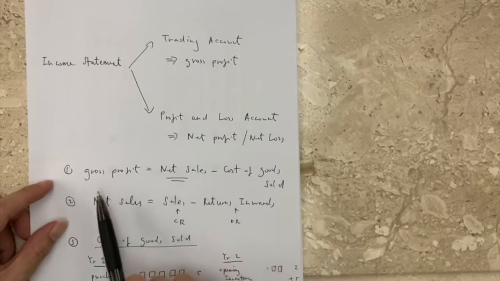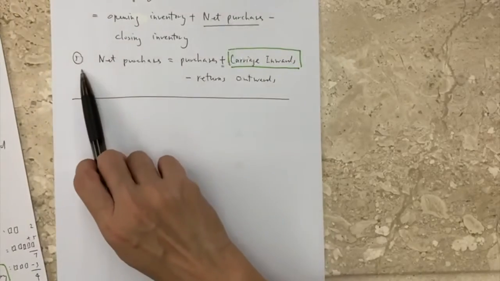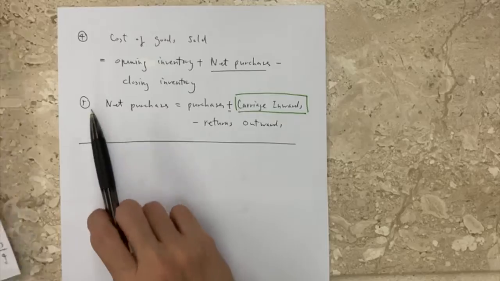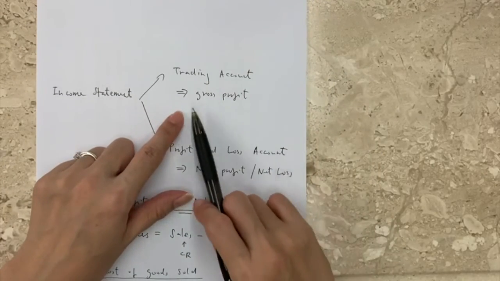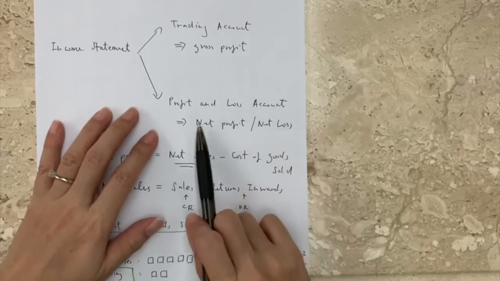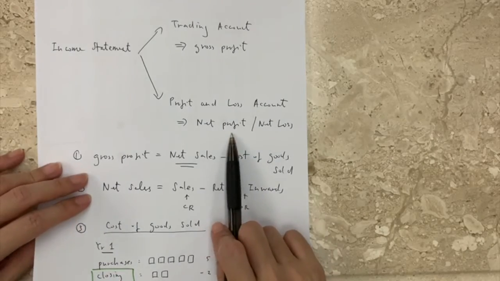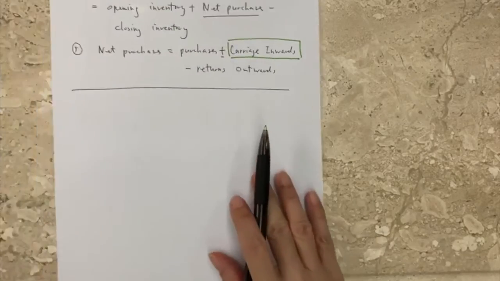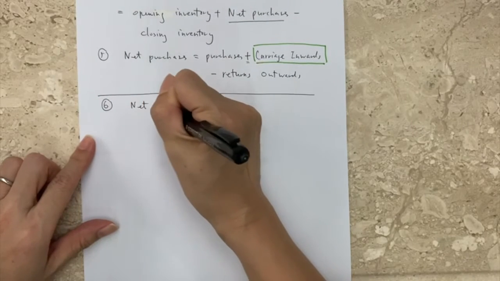Okay, so therefore from number 1 to 3 and then 4 and 5, we have finished all the things in the first part, which is the trading account, which is used to calculate gross profit. Now we're going to move on to the profit and loss account to calculate net profit or net loss. So here, number 6, I have the formula of net profit.